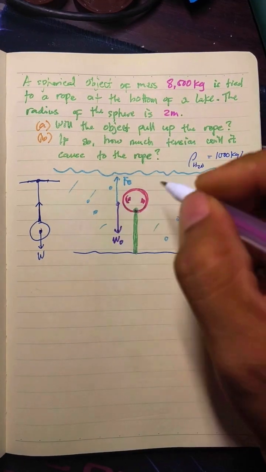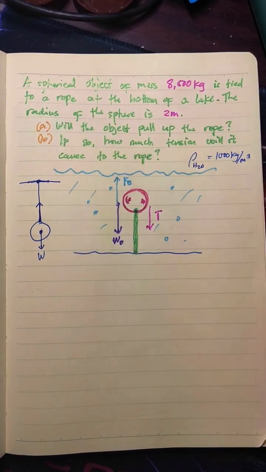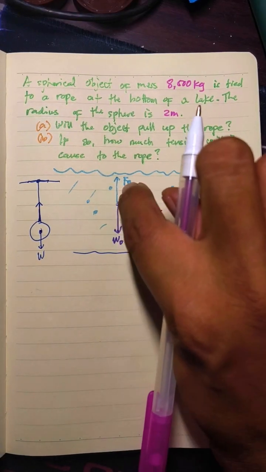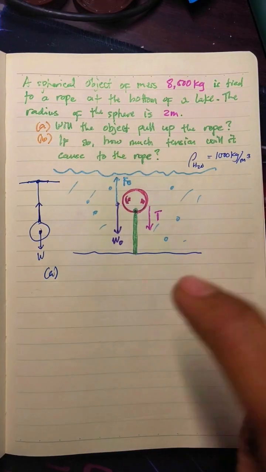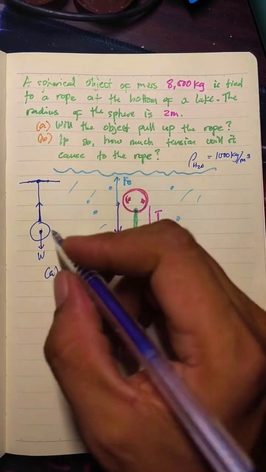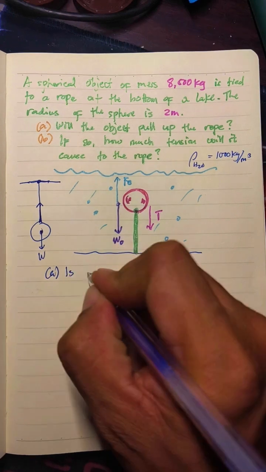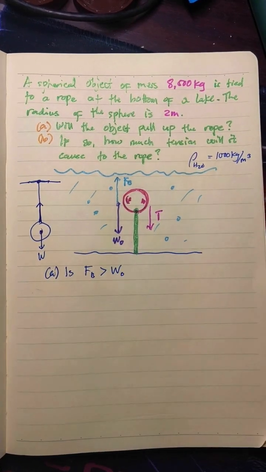We call this the tension, in order to reciprocate the positive difference of the buoyant force and the weight of the object. So to answer the first question, we just have to ask: is Fb greater than the weight of the object?